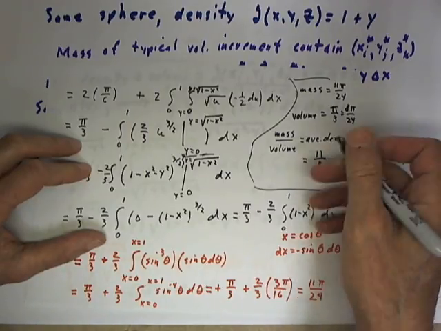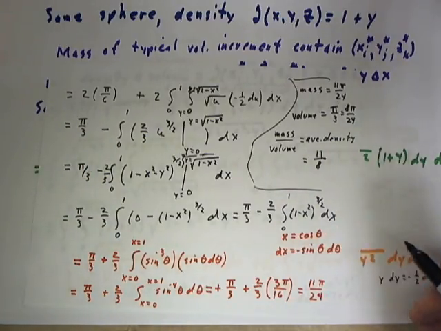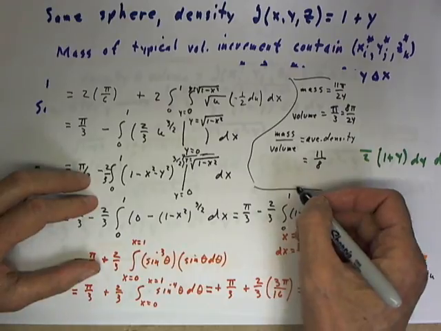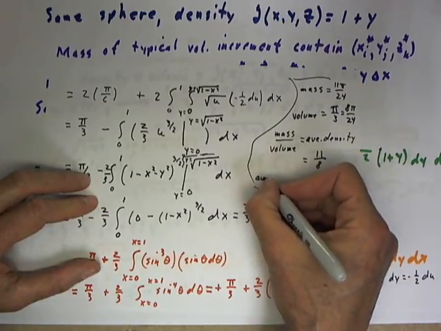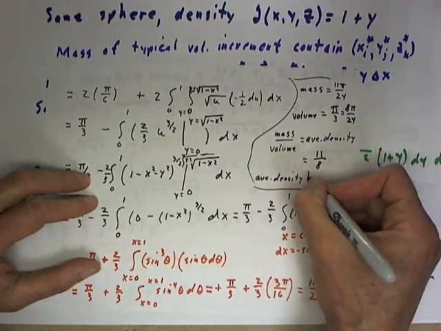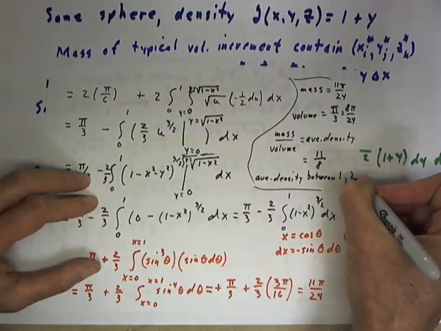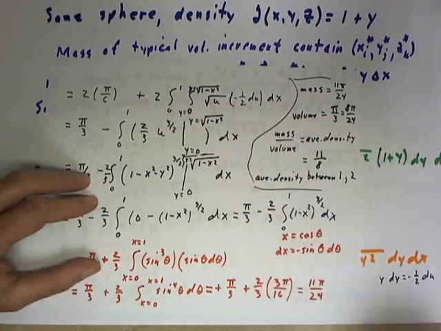And if we want to put that in decimal, it's 1.375, between 1.3 and 1.4, but clearly the average density is between 1 and 2, and actually a little closer to 1.